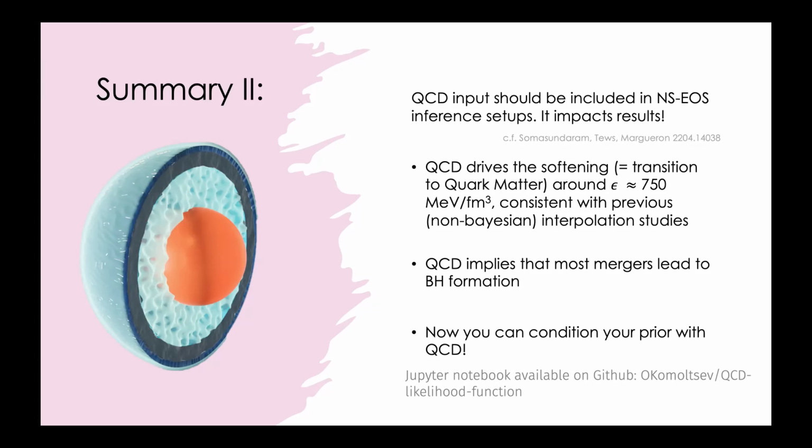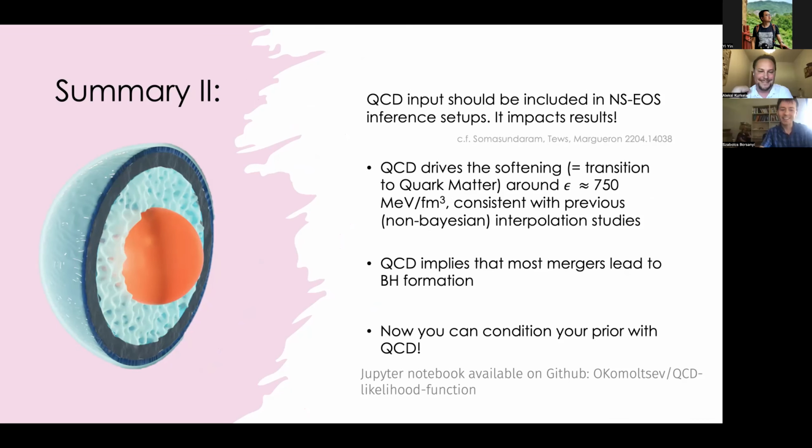Let's move on with the question from Szabolcs Borsanyi. Hi, Aleksi. Thank you for a nice talk. A question on one of the last slides, when you make this postdiction that there was a black hole as a result of the merger, GW170817.